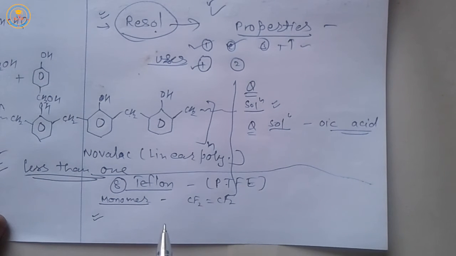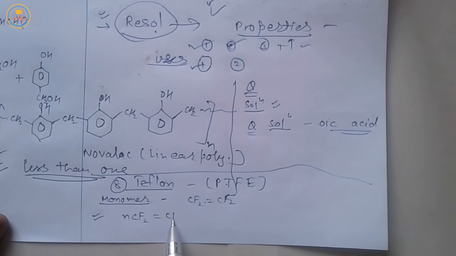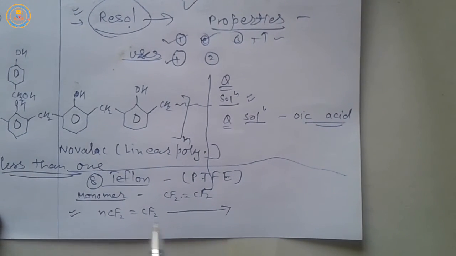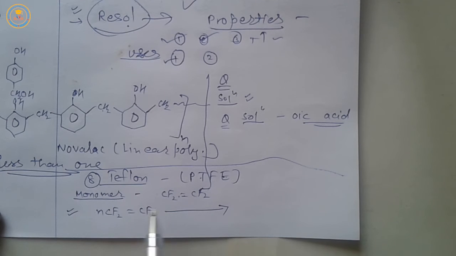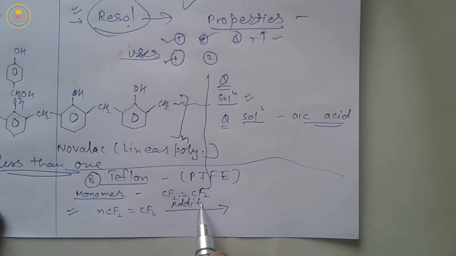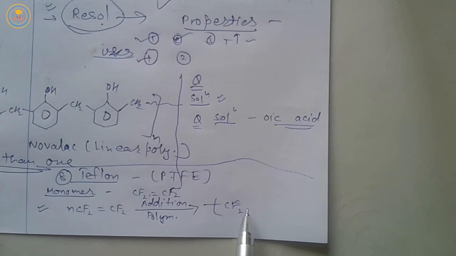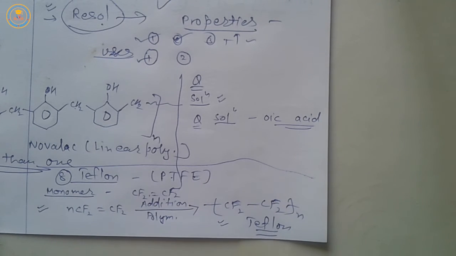After addition polymerization of tetrafluoroethene, Teflon is formed. So, a unit of tetrafluoroethene is used for preparation of Teflon. After addition polymerization, Teflon is formed. It is the chemical formula for Teflon.